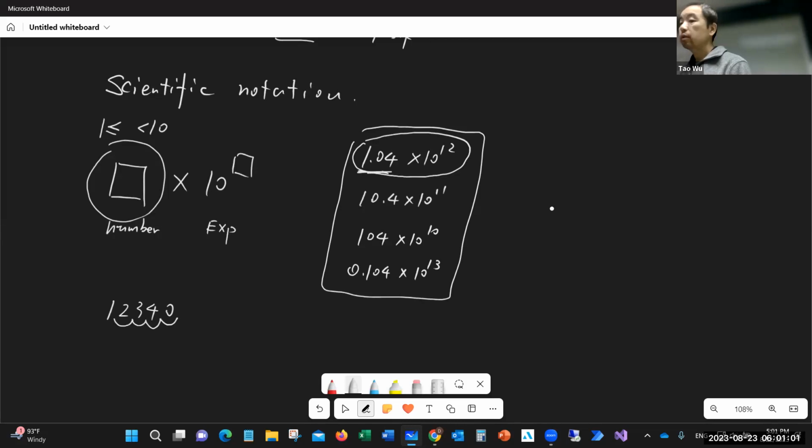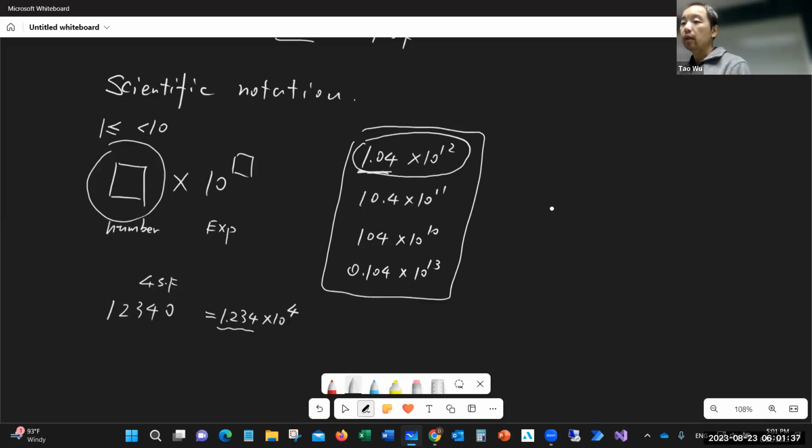You move 4 places, so that's equal to 1.234 times 10 to the 4th. And by the way, since the original is 12340 and it has 4 sig figs, once you write the number part, you also write 4 sig figs, because you need to keep the same sig figs when you transition from the normal number to scientific notation. Are you clear? Okay, yeah.